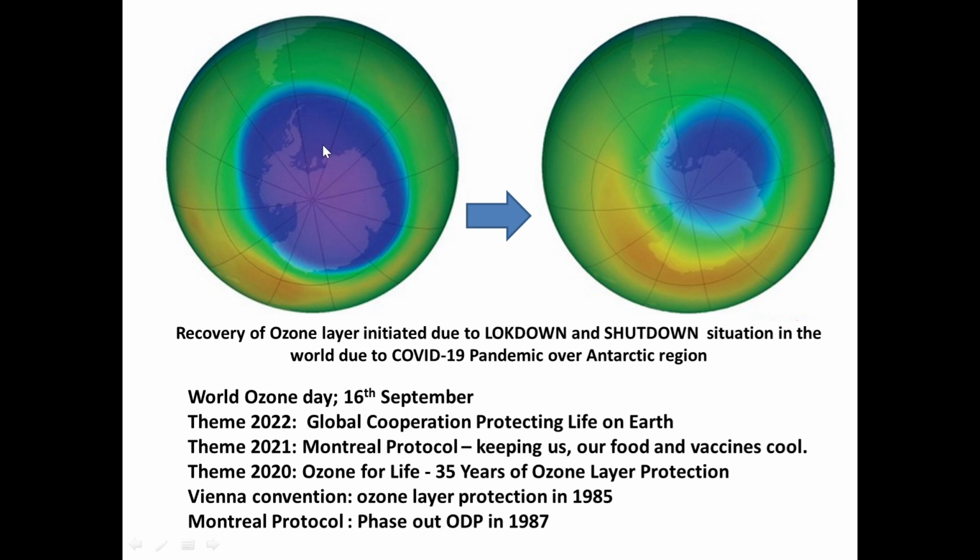This is the earlier image, but during the COVID-19 pandemic there were restrictions, lockdown and shutdown. Most vehicular pollution and emissions were stopped, and the pollution level was lesser. For that reason, the hole recovered.